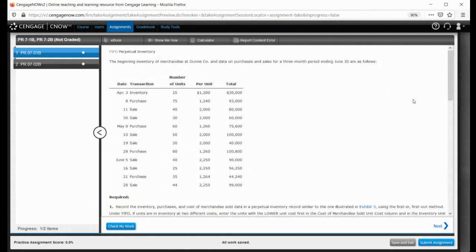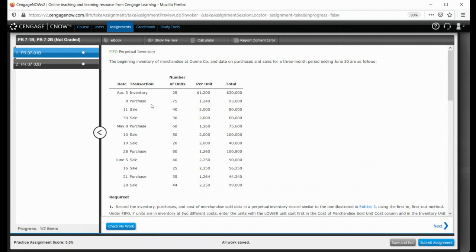I think it is important to mention that on our transactions, where you'll see that there's a purchase or a sale, you would be recording journal entries that go with this.